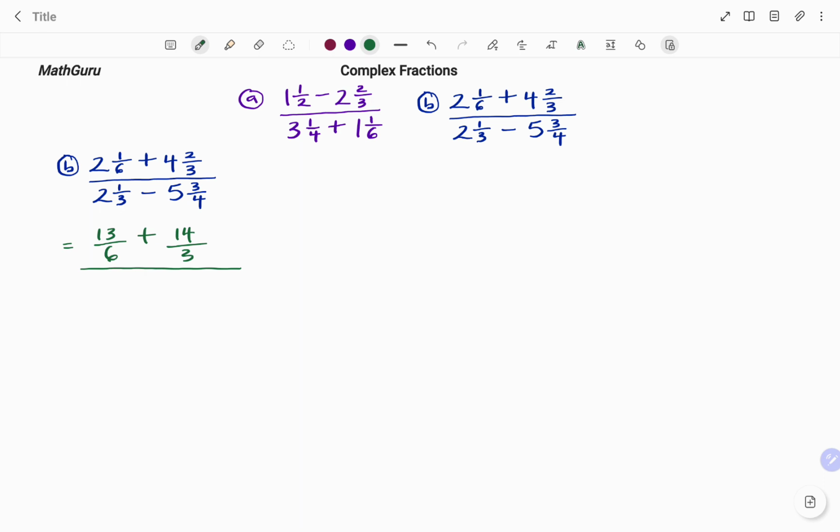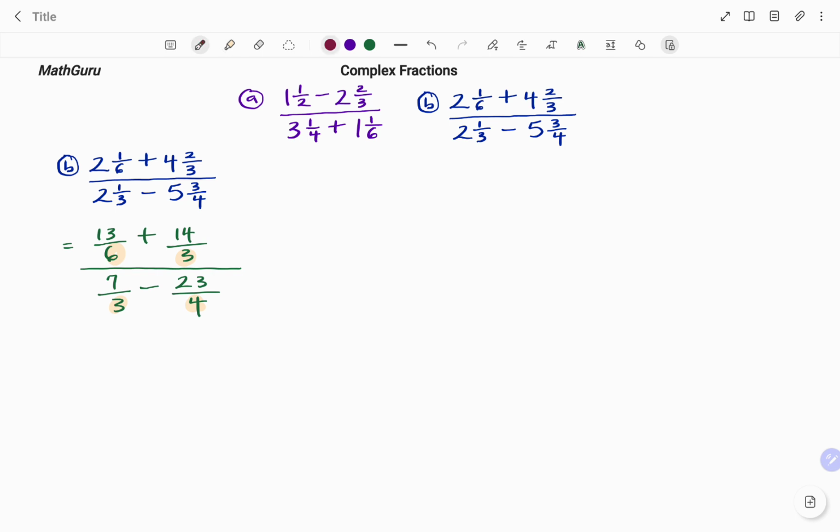Then for my denominator, I have 2 times 3, 6, 6 plus 1, 7 over 3, minus 5 times 4, 20, 20 plus 3, that's 23 over 4. The next step is to check all my denominators and see if I can find the same common LCD or lowest common denominator for the top and the bottom.